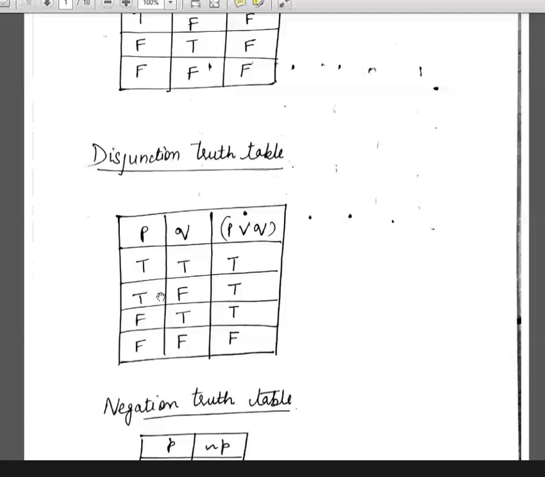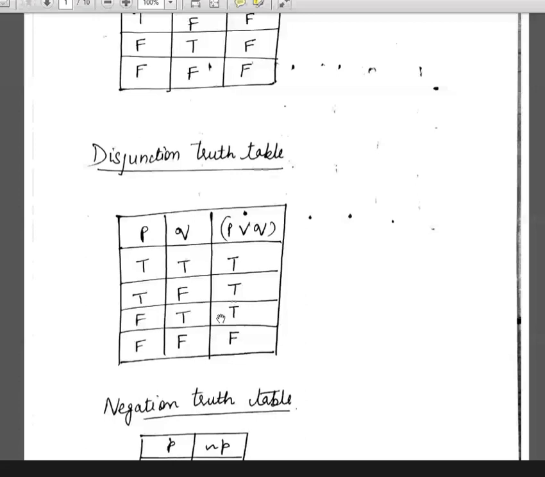First one, true and true makes true. Second one, true and false, makes true because it behaves somewhat like union. If any one is true, then definitely we get a true answer. False, true makes true. If both are false, then definitely it is false.